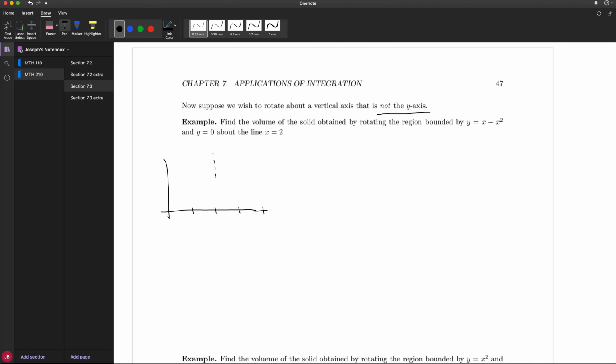Here's our axis, which is x equals 2. And now y equals x minus x squared, it has a 0 at 0 and also a 0 at 1, because 1 minus 1 squared is 0. So it's an upside down parabola between those 2 points, so it does something like that, I bet.